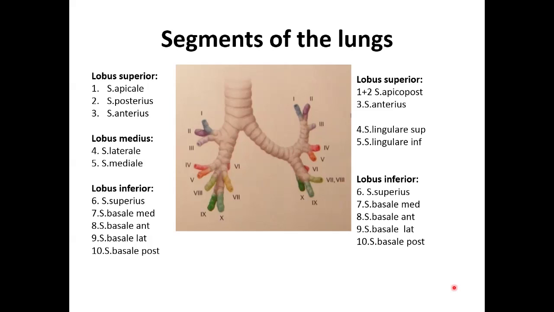In the Russian Federation, usually we say that the right lung and left lung have different numbers of segments, and the left lung has 9 segments, and the right lung has 10 segments.